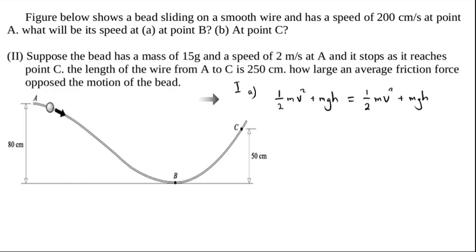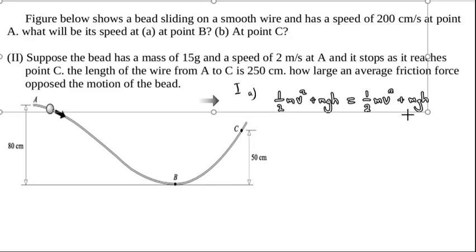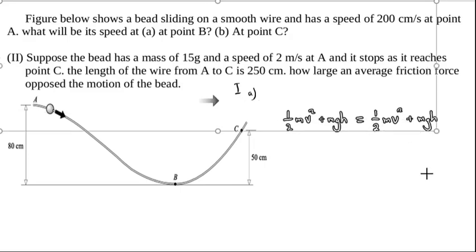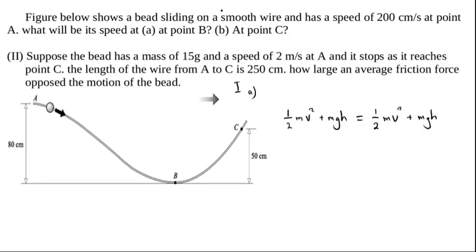So that this makes sense, what we're saying is this represents the kinetic energy at A plus the potential energy at A. Now this is equal to the kinetic energy at B plus the potential energy at B.